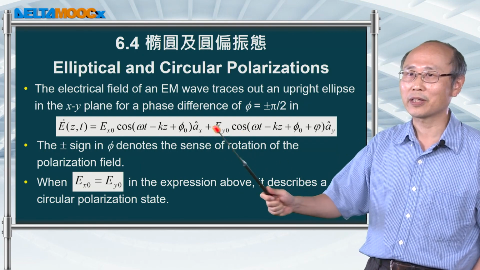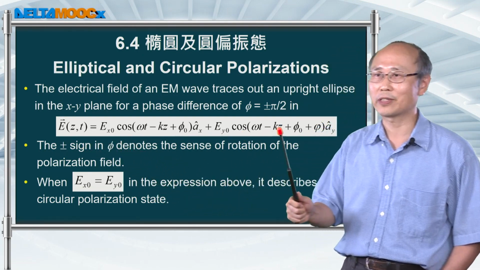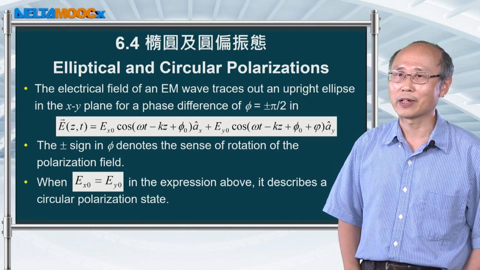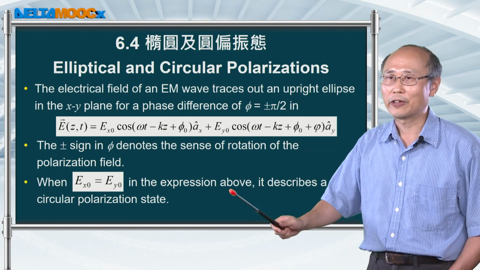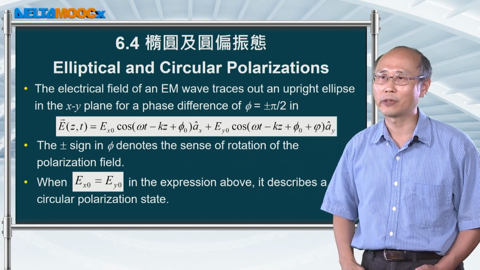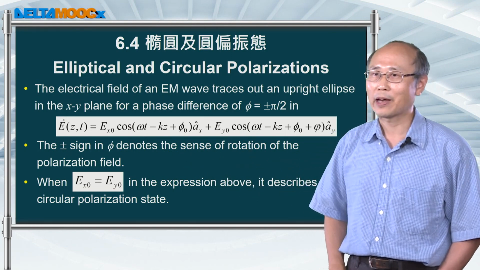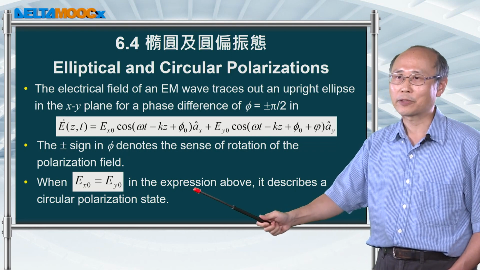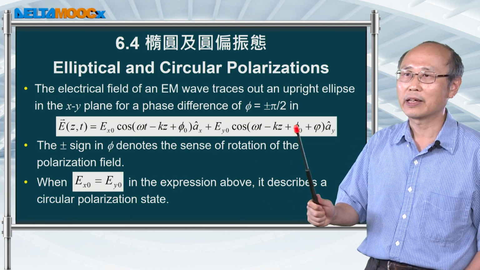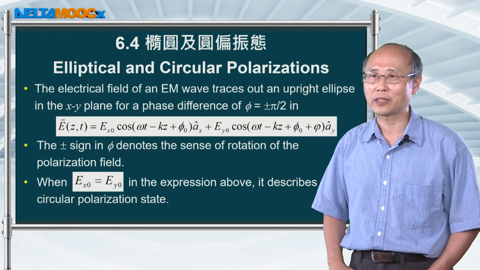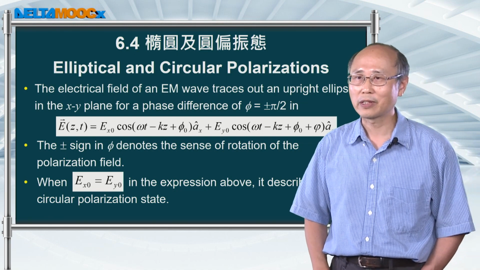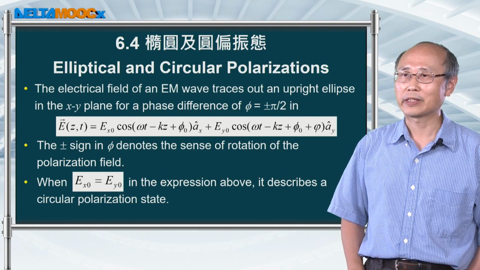And the plus sign and minus sign before this 90 degrees will tell you the direction of the rotation of the electric field. And if we further specify the amplitude of the x component and y component of the electric field to be the same, then we end up having an expression describing a circular polarization state. And again, the sign in front of the plus minus 90 degrees will tell you how the electric field will rotate on this xy plane.